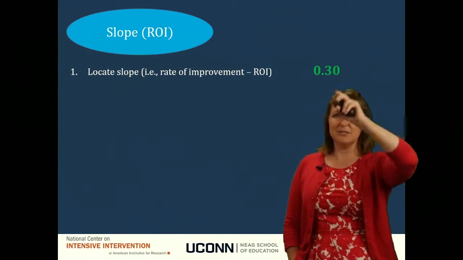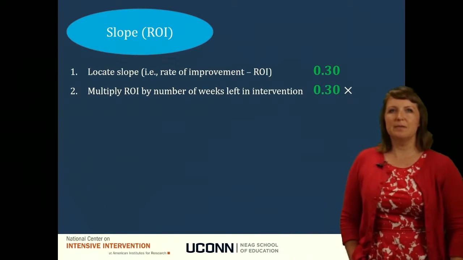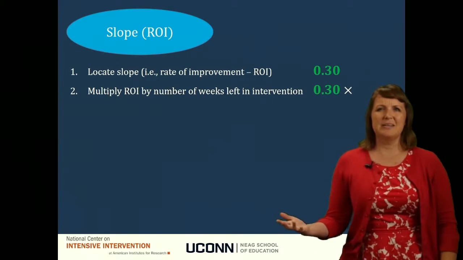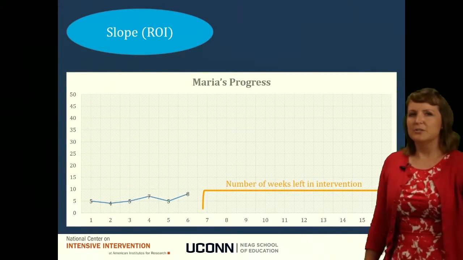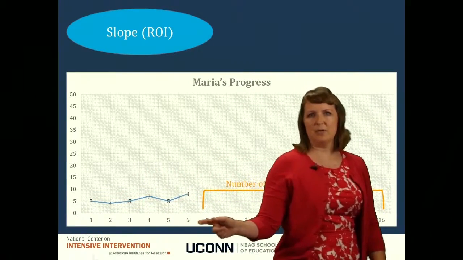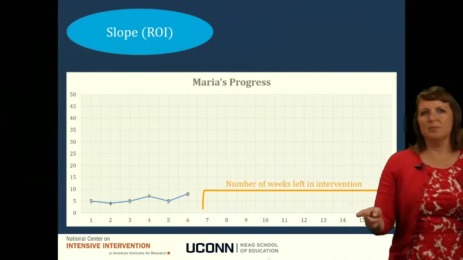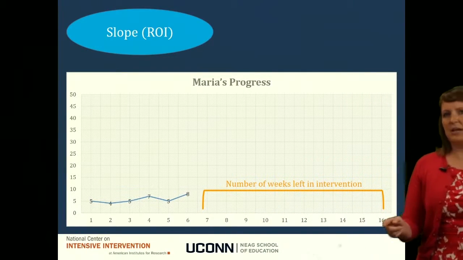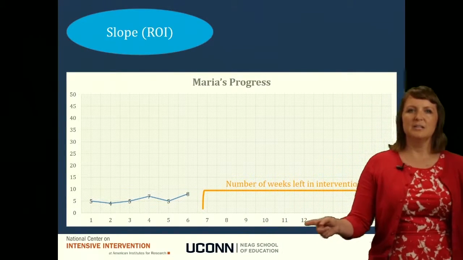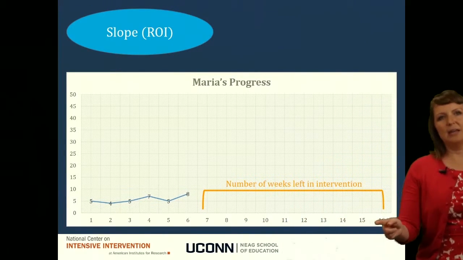So I located the slope, and now I'm going to multiply that by the number of weeks left in the intervention. I can't remember exactly how many that is, so let's look at Maria's graph. So let's see, Maria has collected with us 6 data points, and this is the number of weeks left in intervention. Let's count how many that is. 1, 2, 3, 4, 5, 6, 7, 8, 9, 10.